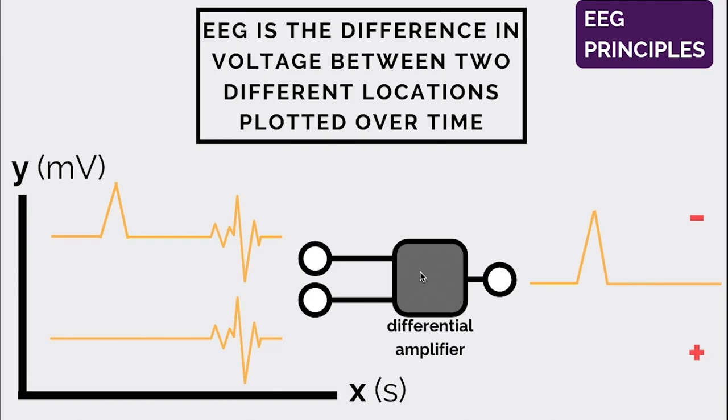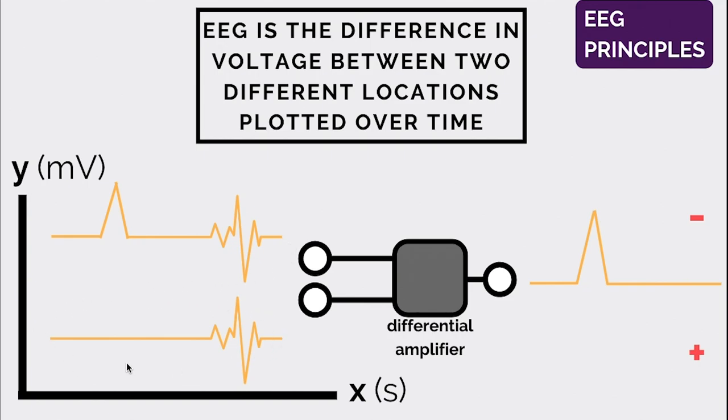On the left-hand side of the screen, you can see those two white dots, and those are the inputs, and you have the differential amplifier in gray, and you have the output, which is the white dot on the right-hand side. As you can see on the left, input 1, or the one above, is picking up that activity at the top, and input 2 is picking up the activity at the bottom.